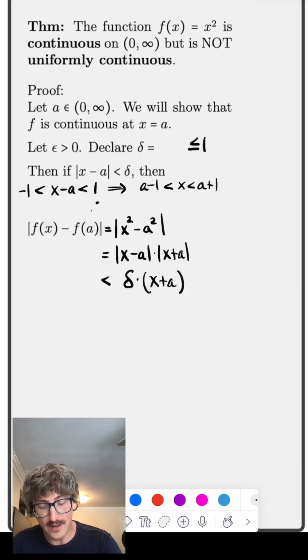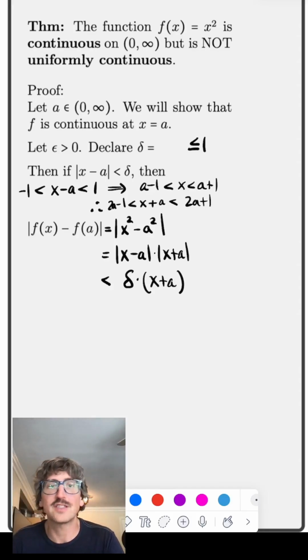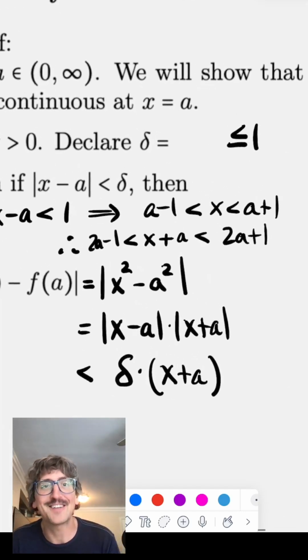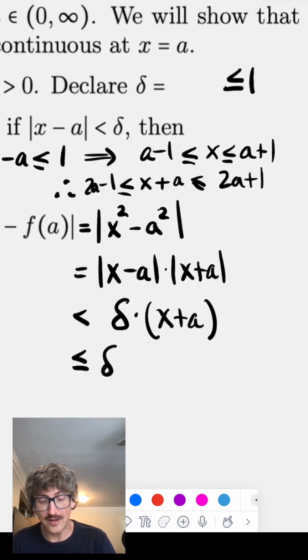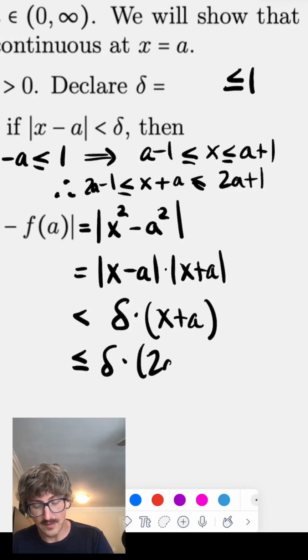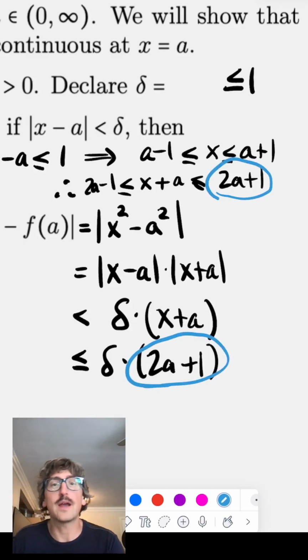And then finally, that must mean that x plus a has to be between 2a minus 1 and 2a plus 1. I just added a to all sides of that. It's a little bit small. There you go. And so what that means is as long as we have that delta is less than or equal to 1, I guess these should all be weak inequalities, this is going to be less than or equal to delta times 2a plus 1, where this is the number that we got up there.